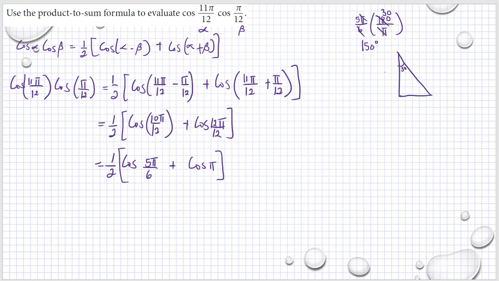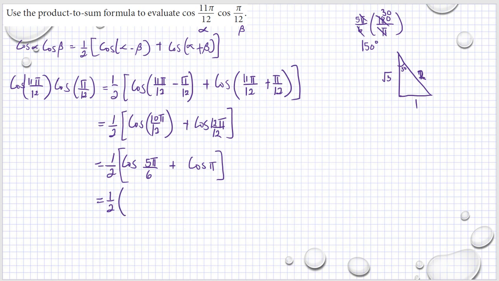We have the adjacent side, which is square root of 3, and the hypotenuse, which is 1. Then we have square root of 3 over 2 over 1. No, sorry, I'm confused. This is supposed to be 2. Okay, this is supposed to be 1. Such that we have now 1/2 cosine 5 pi over 6, that is in the second quadrant.